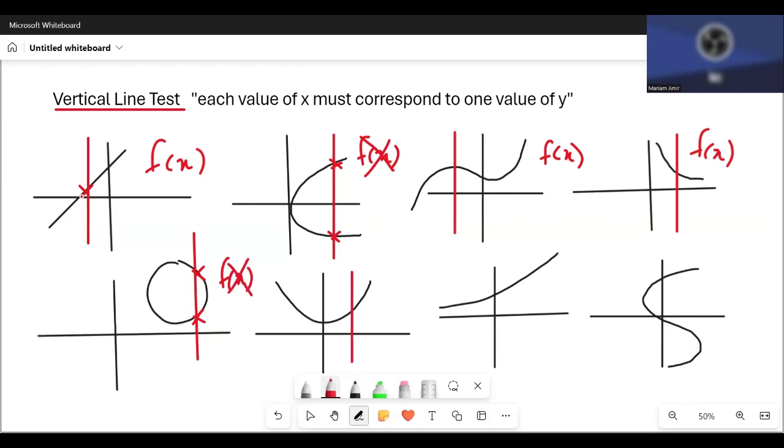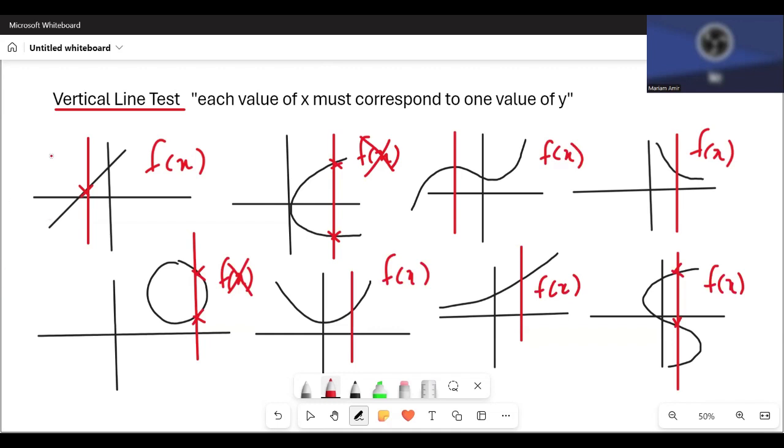This would be a function, and this would be a function as well. This will not be the graph of a function because it's cutting at three points here, or at two points here. So every expression is not going to be a function. Only the one whose graph satisfies the vertical line test is going to be called a function.